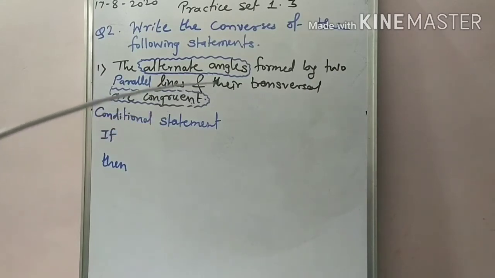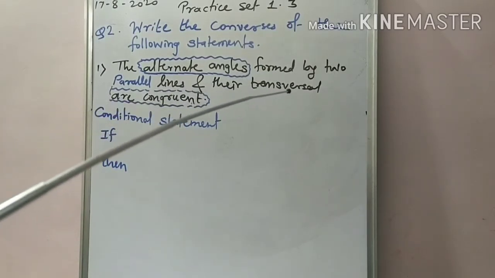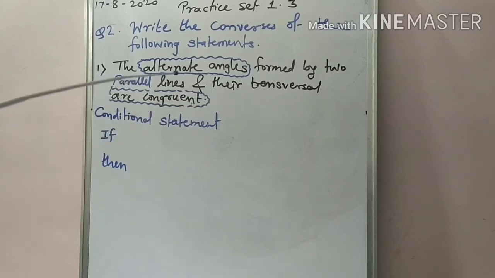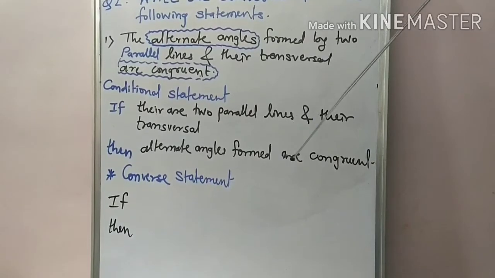So we write the conditional statement: if there are two parallel lines and their transversal, then the alternate angles formed are congruent.